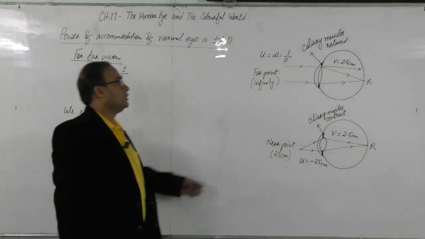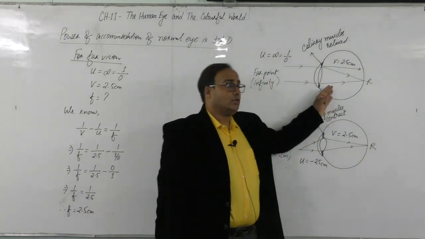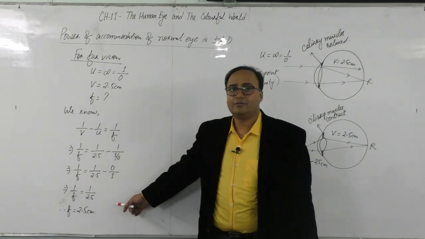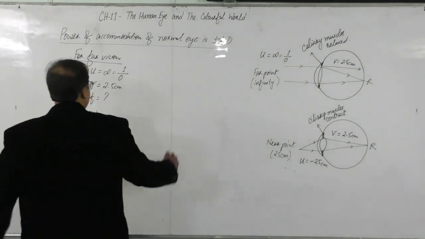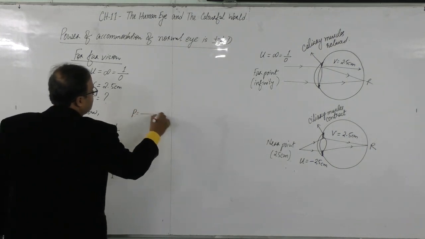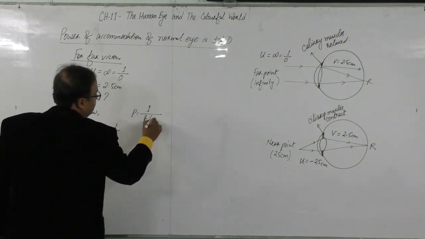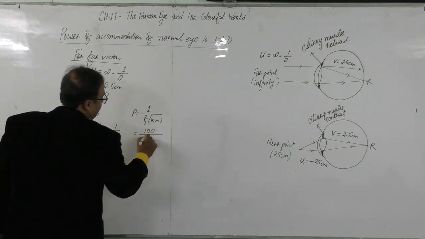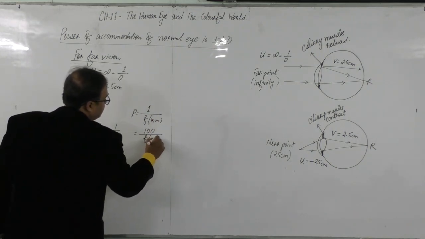So जब हम लोग दूर के ऑब्जेक्ट देखते हैं, ऑब्जेक्ट एट इंफिनिटी, आई लेंस का फोकल लेंथ हो जाता है 2.5 सेंटीमीटर, और इस फोकल लेंथ से वी कैन इजीली कैलकुलेट पावर P इक्वल्स टू 1 बाई f in meters, or it is 100 by f in centimeters.